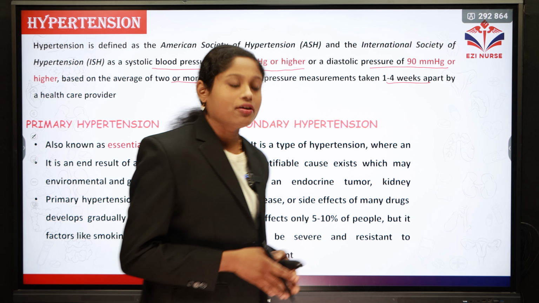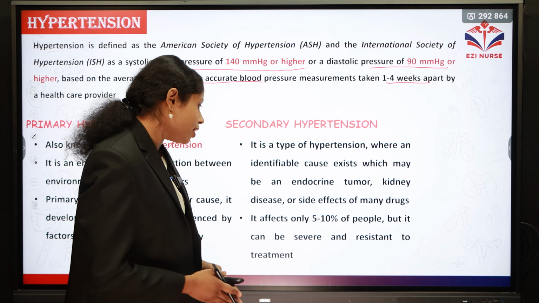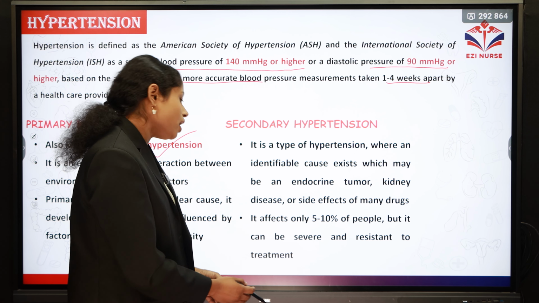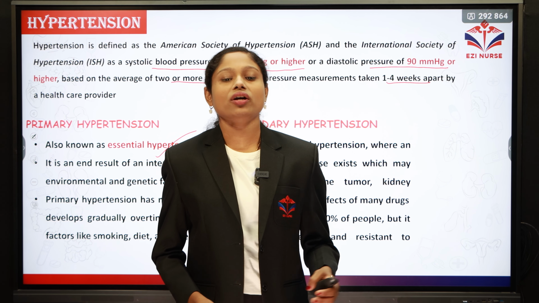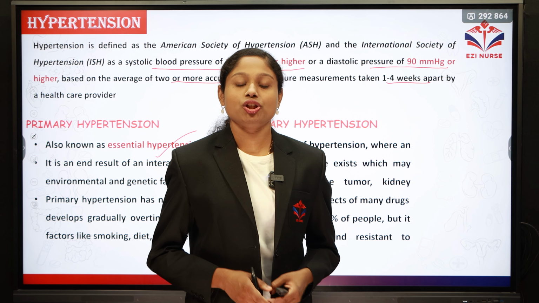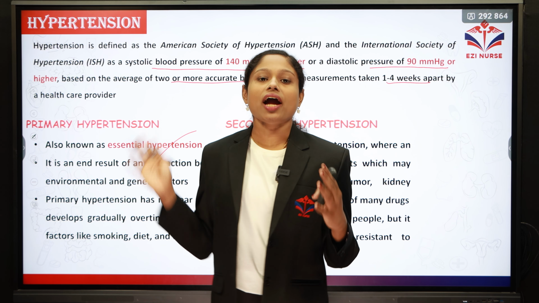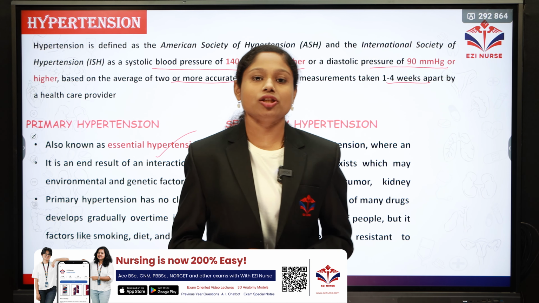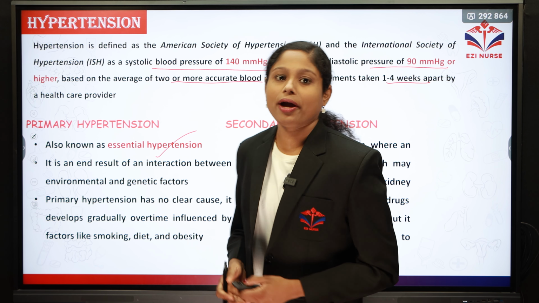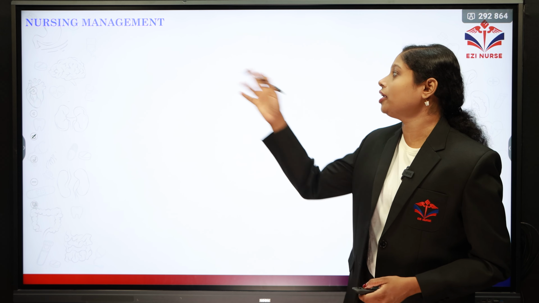That is defined as secondary hypertension, and it affects only 5 to 10% of people but can be severe and resistant to treatments. So, this is the definition and types of hypertension. What are the types? Primary and secondary.